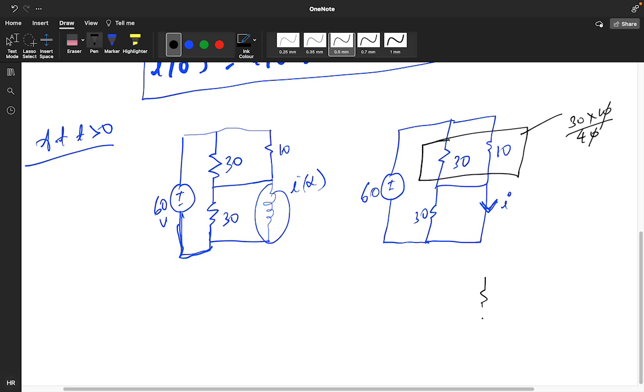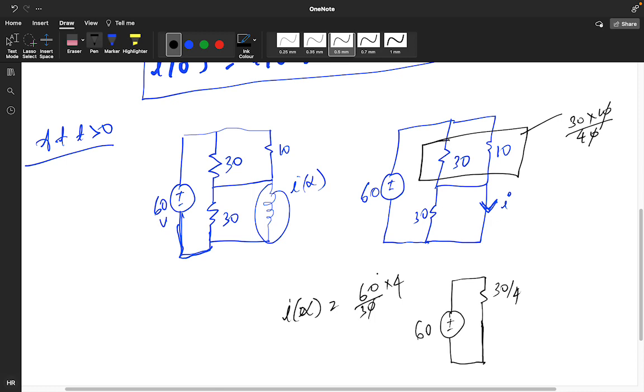So my circuit will be like this: 30 by 4, short circuit, and positive negative 60. So what current will I get? I of infinite will be 60 divided by 30 by 4, so 4 will come. So I of infinite I am getting 8 ampere.